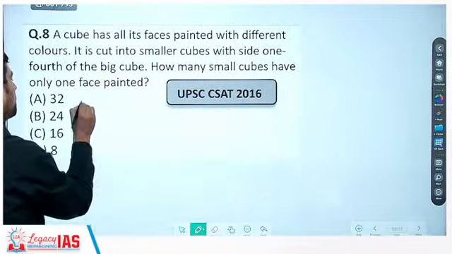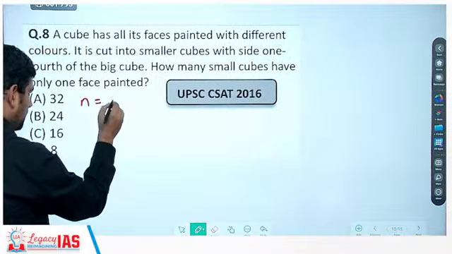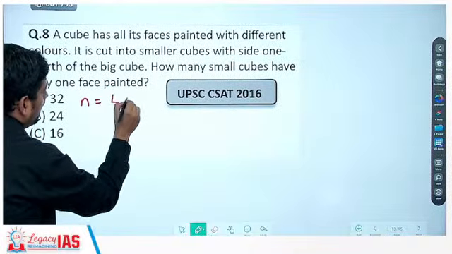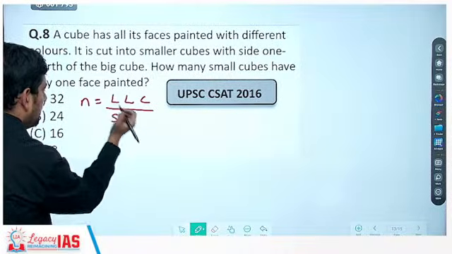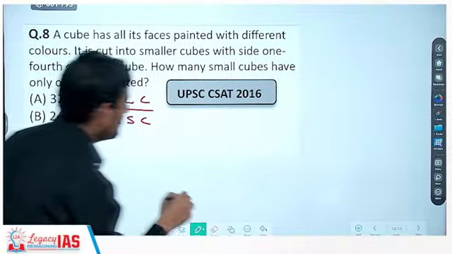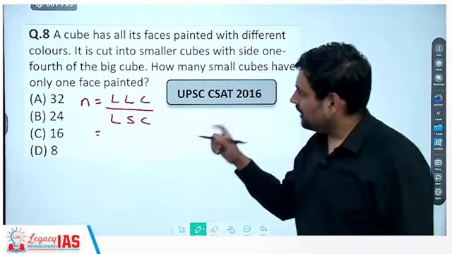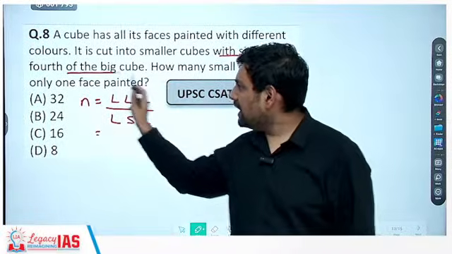So first thing what you do, n is length of larger cube upon length of smaller cube. Now length of larger cube is what? It says that it is cut into smaller cubes with 1/4 the side of the big cube.